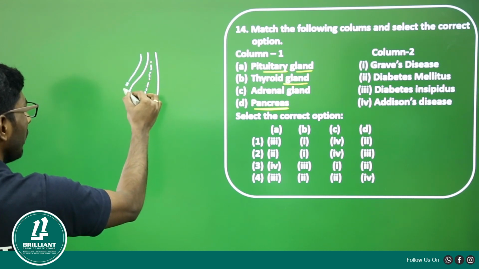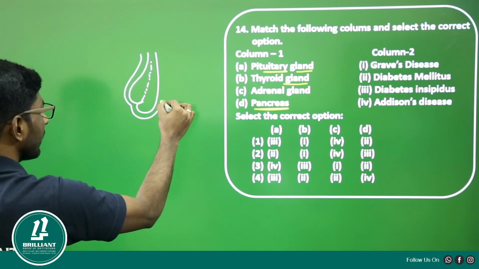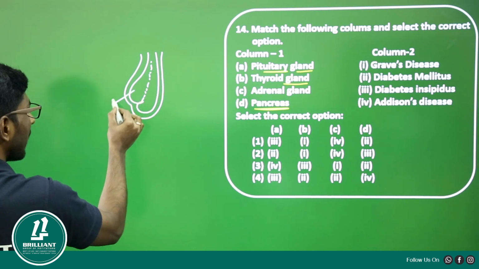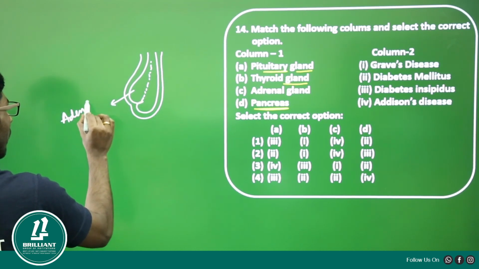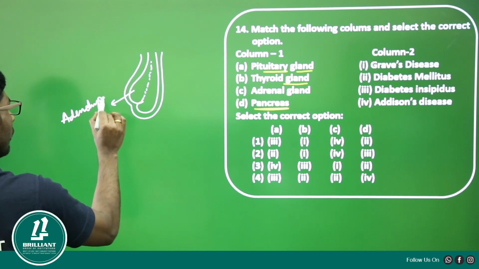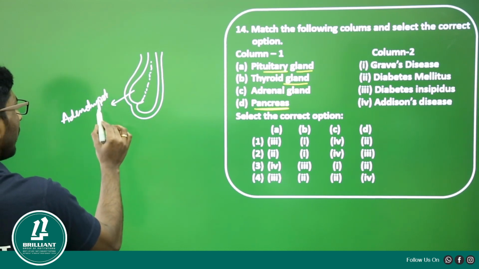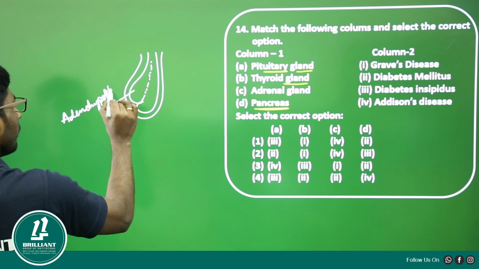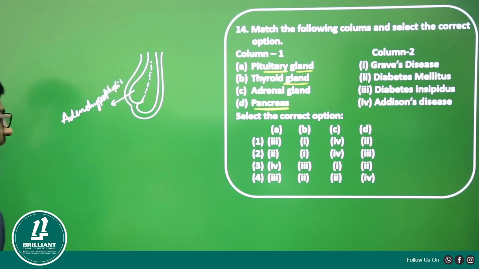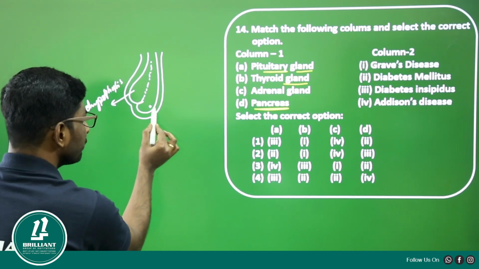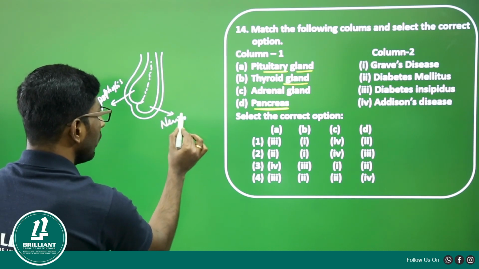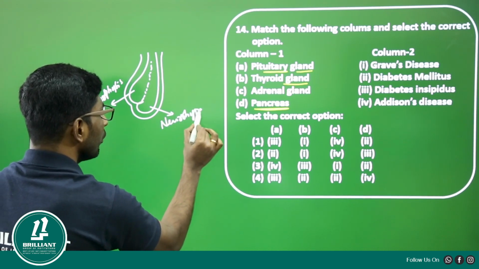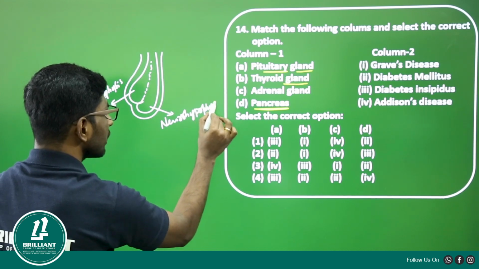One is called anterior pituitary and the other posterior. This is known as adenohypophysis, which is the anterior pituitary, and this is the posterior pituitary, which is called what? Neurohypophysis. Yes or no, students?